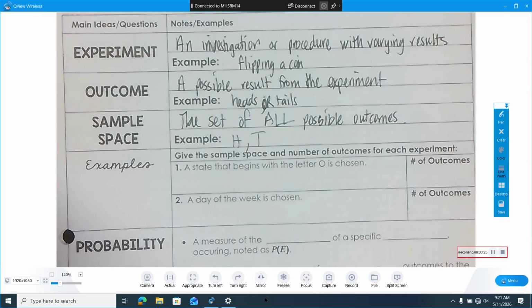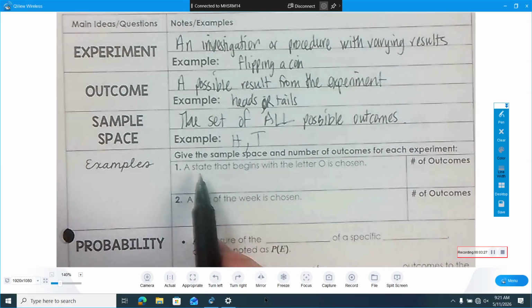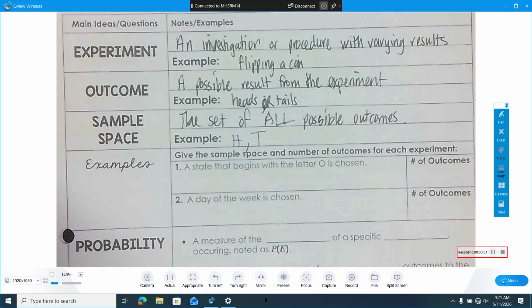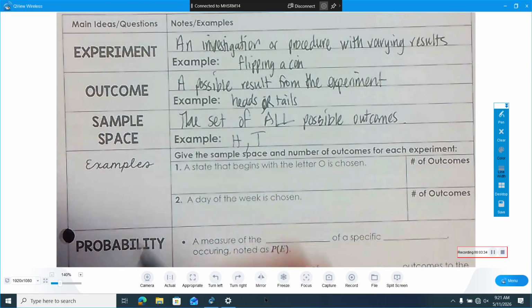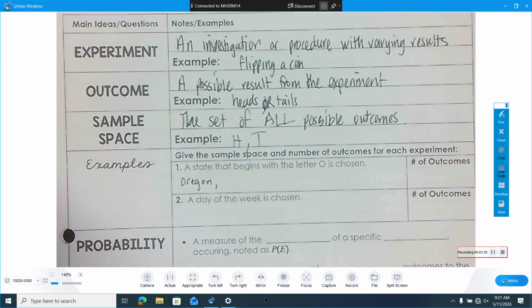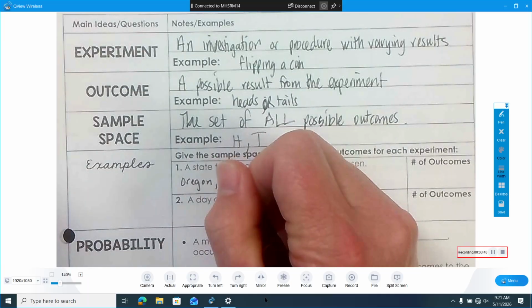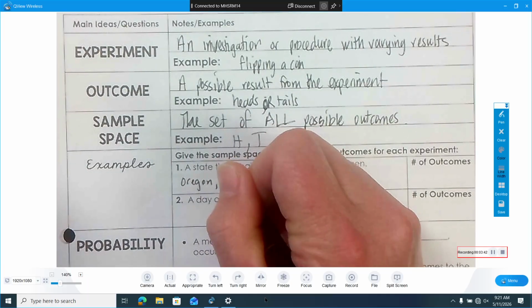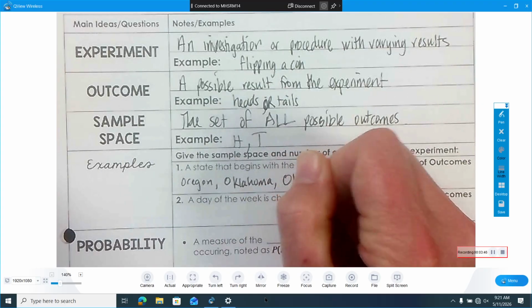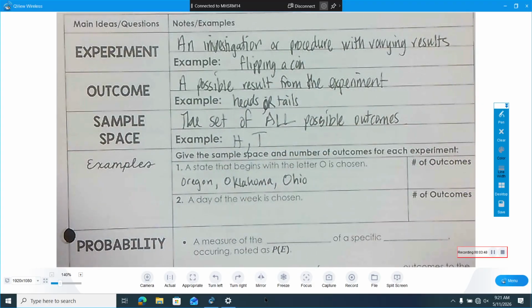All right, so we want to give the sample space and the number of outcomes for each experiment. A state that begins with the letter O. Oregon, O-R-E-G-O-N. What's another state with the letter O? Oklahoma and Ohio. All right, anything else, or is that it?